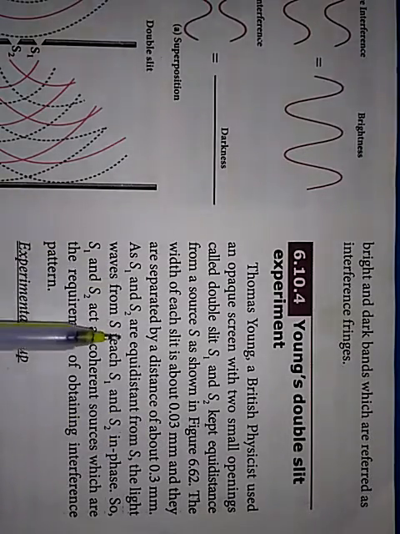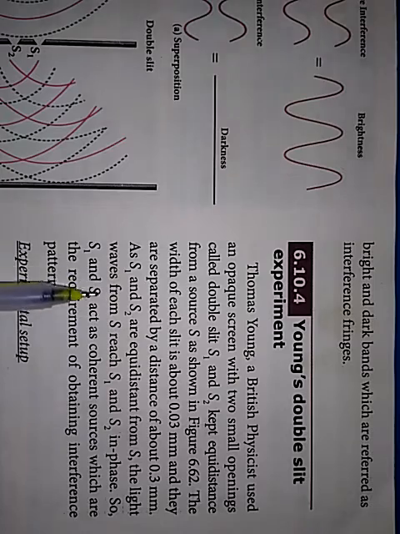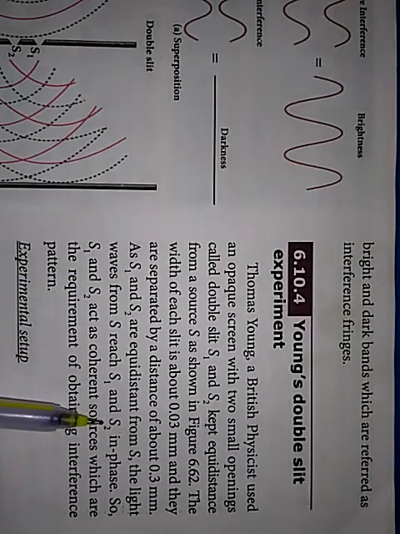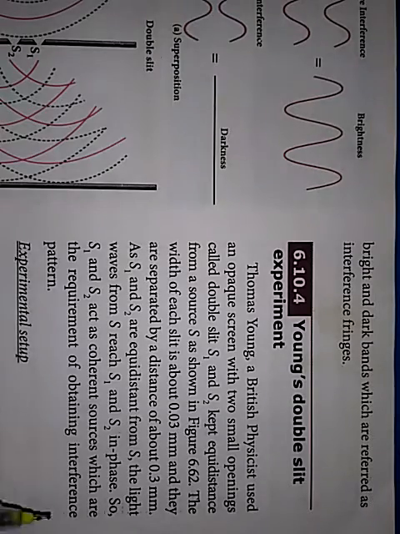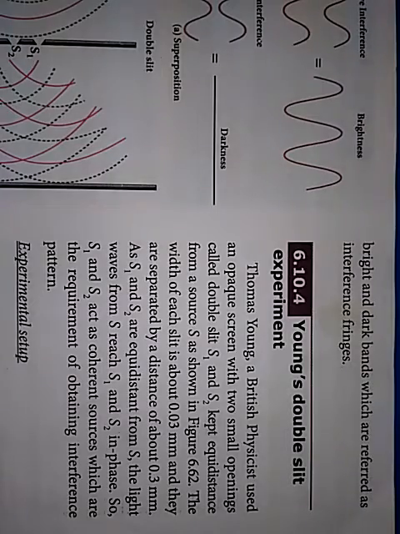As S1 and S2 are equidistant from S, the light waves from S reach S1 and S2 in phase. So this is a point source. When they reach S1 and S2, they are in phase. So S1 and S2 act as coherent sources, which are the requirement of obtaining interference pattern. So this is the experimental setup.